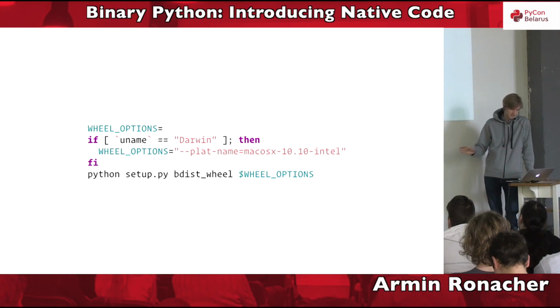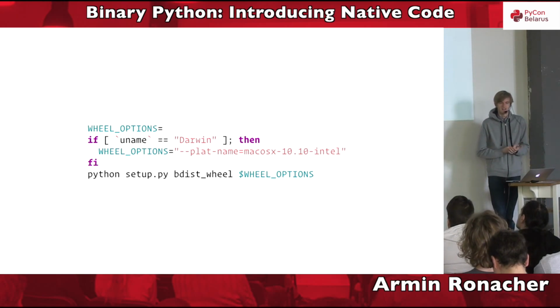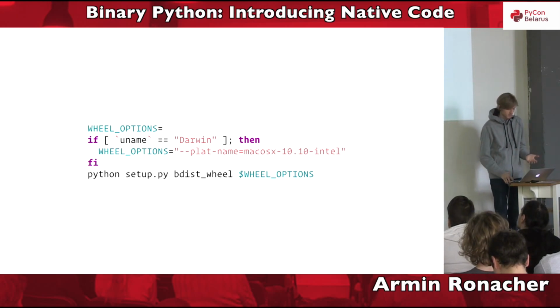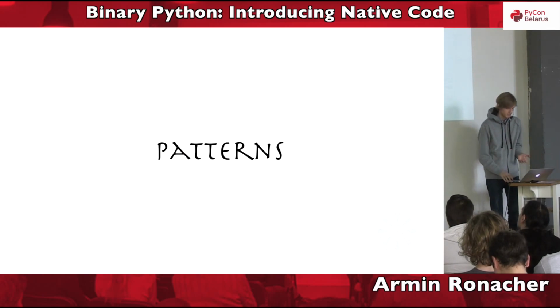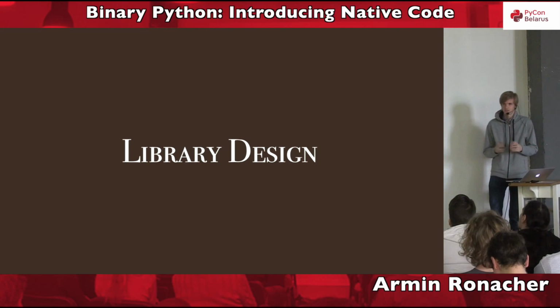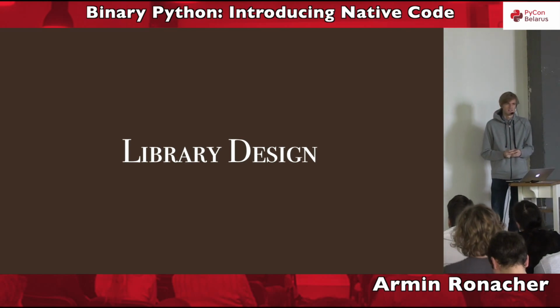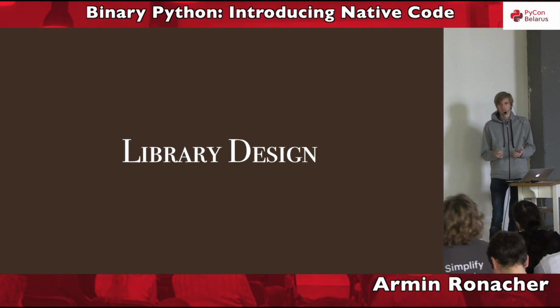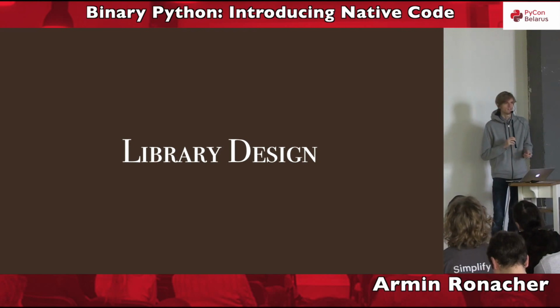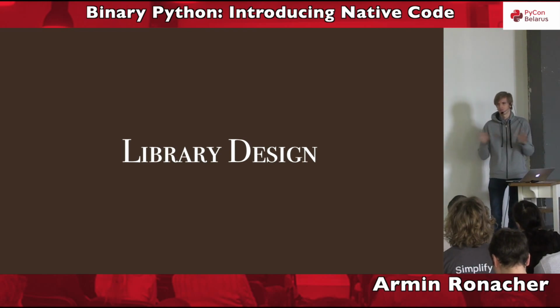So this is the basics of it, and then to make the suffering a little bit better, we found some patterns that I think are actually more interesting than the rest of it, of how we managed to stay somewhat sane in this process. The first one is we changed the way we deal with libraries to be a lot simpler than what other systems are doing. A lot of these native extensions, like the Postgres extensions or NumPy, are full of objects and they expose everything to the Python layer.